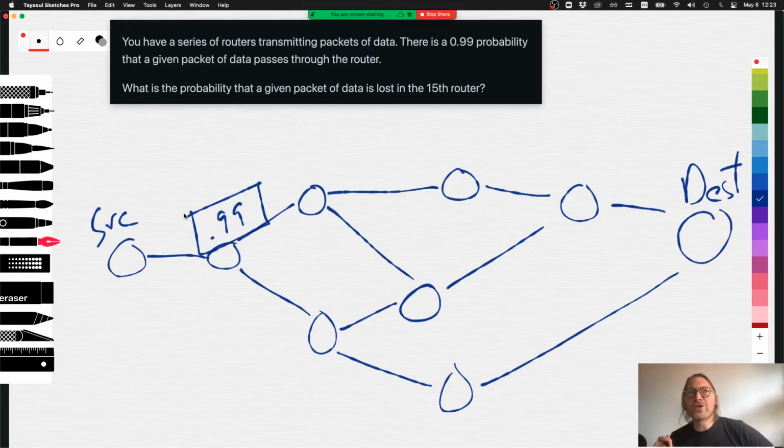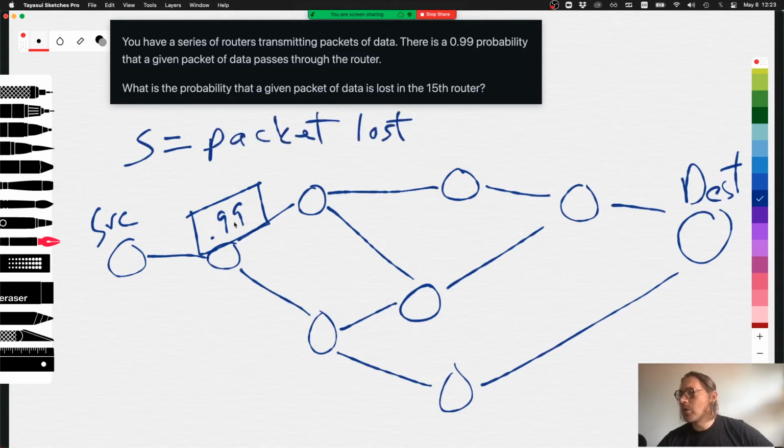If we're asking the probability that a given packet of data is lost, then we have to think of success as being defined as a packet lost. So it's actually going to be the complement of this. Our probability here is going to be 0.01, the complement of the probability of the packet going through successfully.